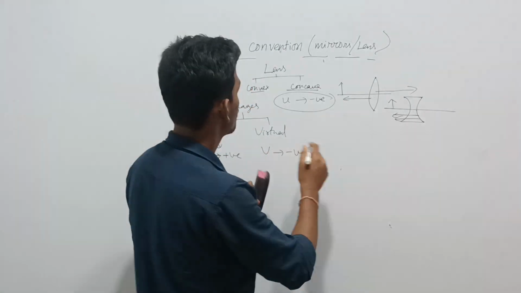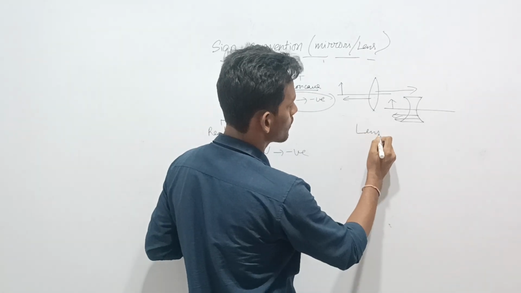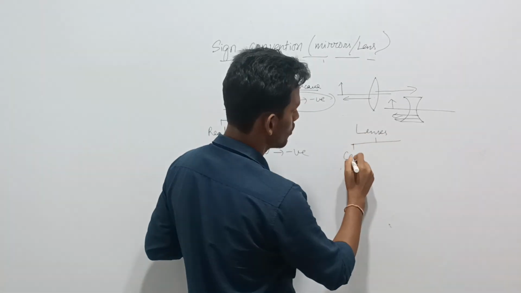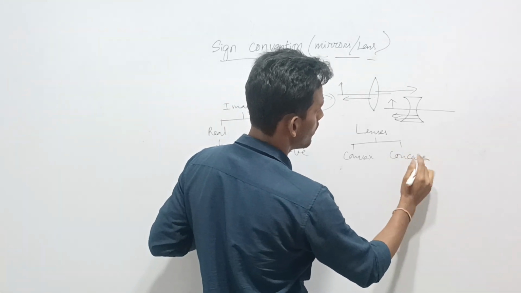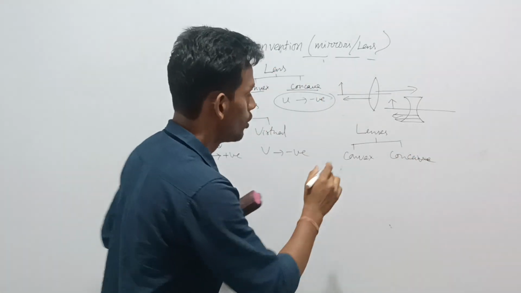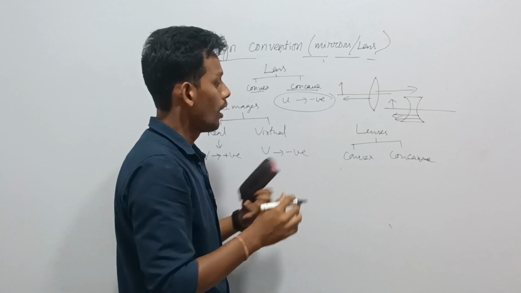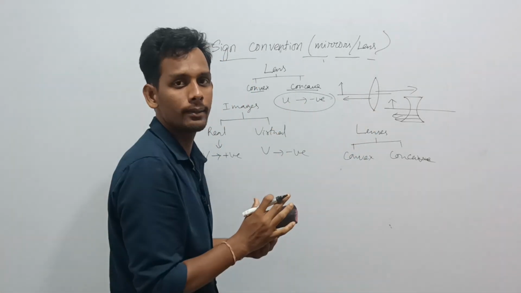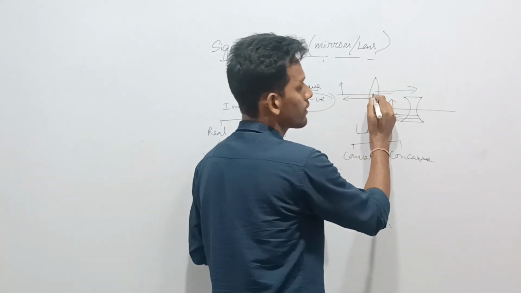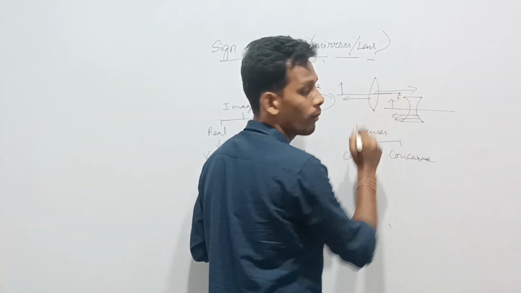Okay, now you should know the nature of lenses. Lenses are of two types, convex and concave. Clear? So for a convex lens, how will you identify it? You can identify the lens by its focal length. For a convex lens, the focus is towards the right, this is the focus.